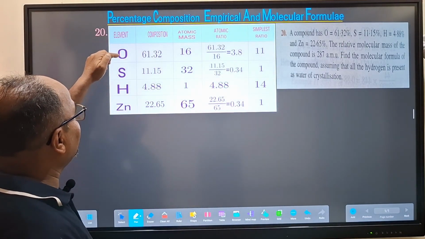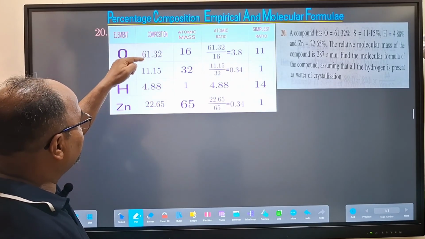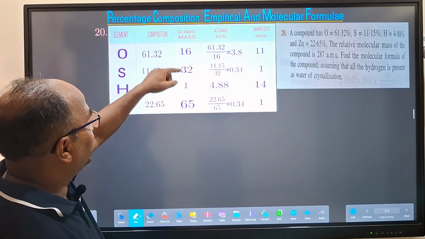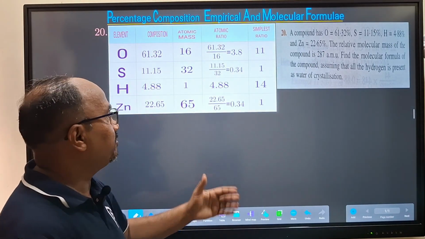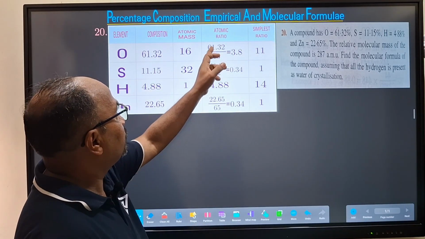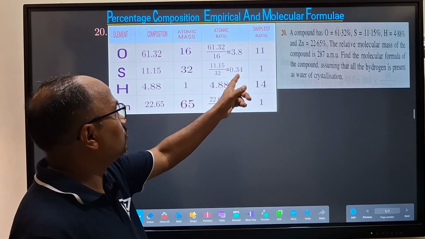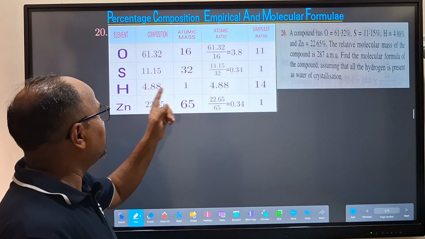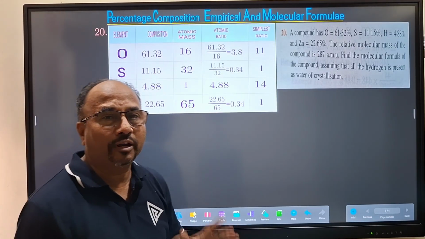I have written here all the elements which are present, their percentage composition which is given in the question, and then the atomic masses. We need to find the atomic ratio as we have been doing in all the sums. So finding the atomic ratio, you know how to find it. For oxygen it comes to 3.8, sulfur is 0.34, hydrogen is 4.88 and zinc is coming as 0.34.